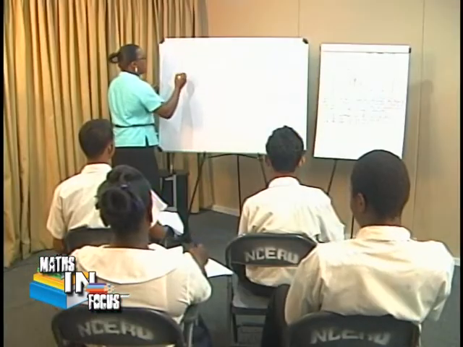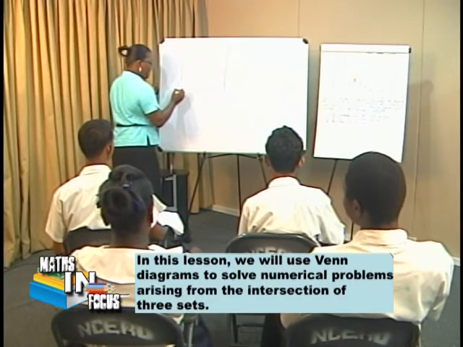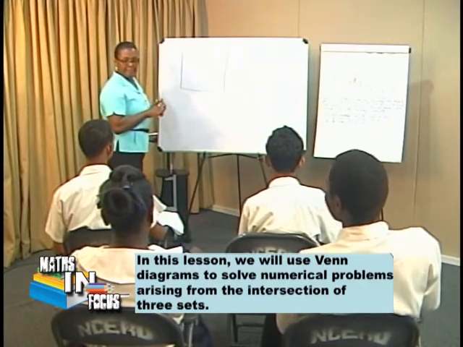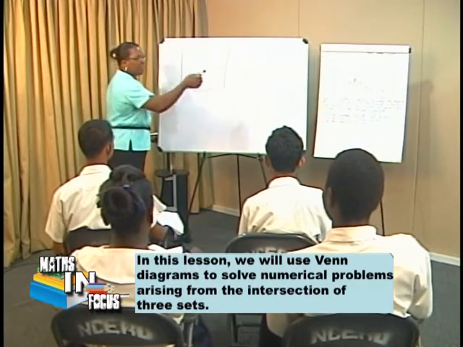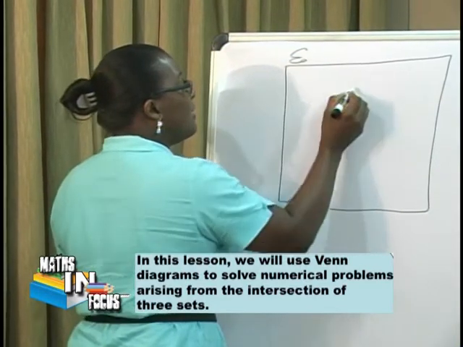The first thing we're going to do is to identify some regions on this Venn diagram that I'm drawing that will help us to solve the others that we'll have. So here we have our universal set.